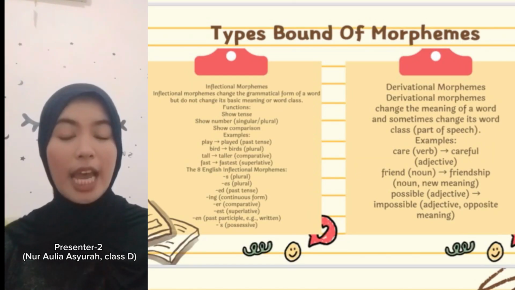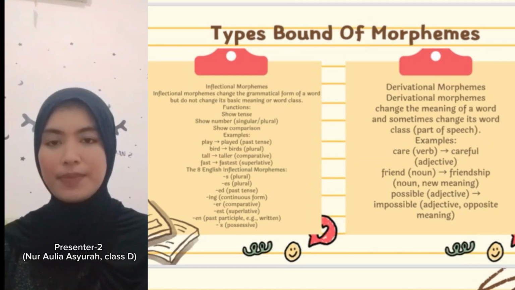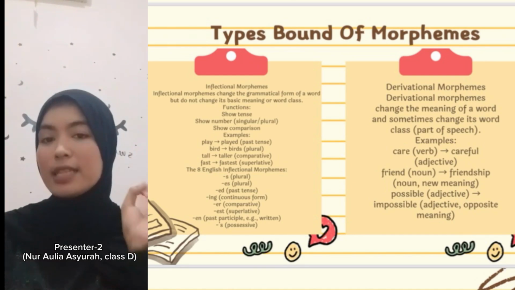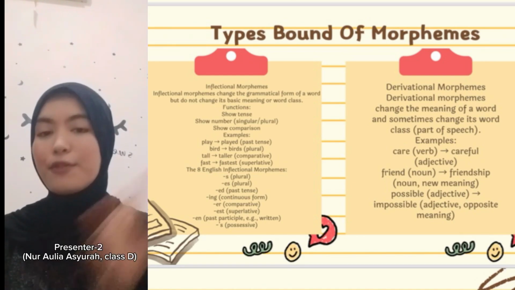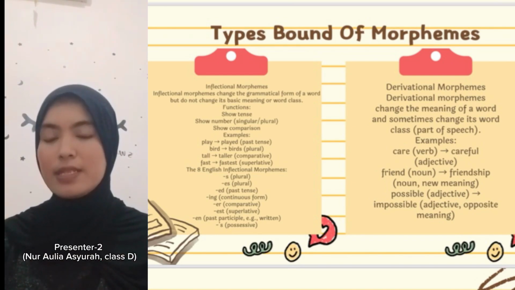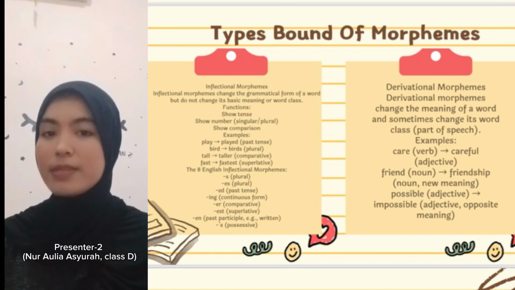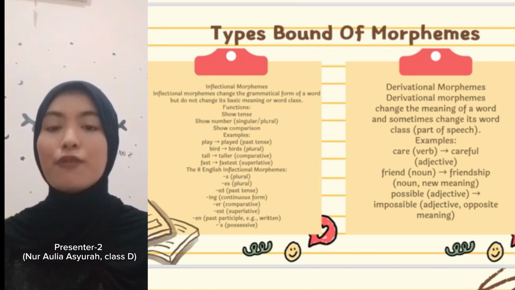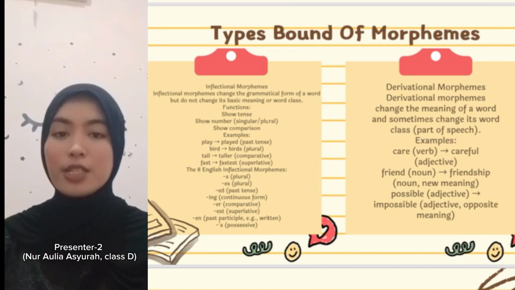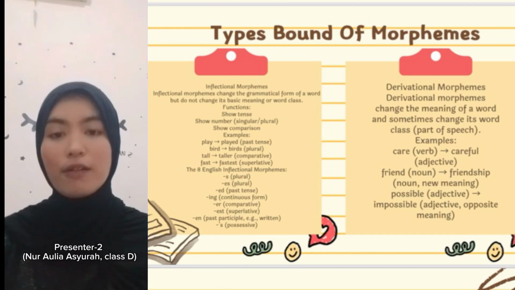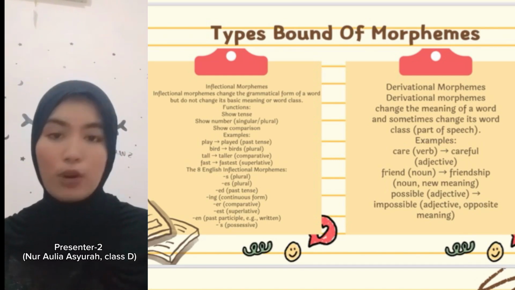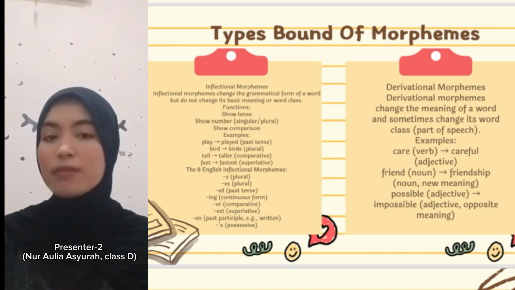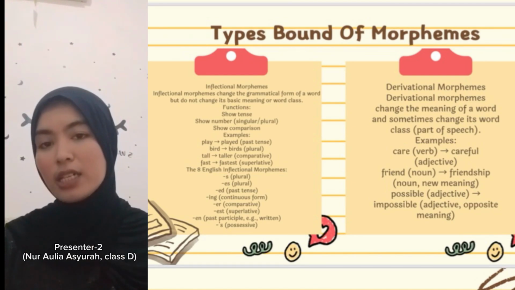Next, types of bound morphemes. Bound morphemes are divided into two main types. First, inflectional morphemes. Inflectional morphemes are used to modify a word's grammatical features without changing its core meaning or its part of speech. In other words, the base word remains the same, but its form changes depending on grammatical context.